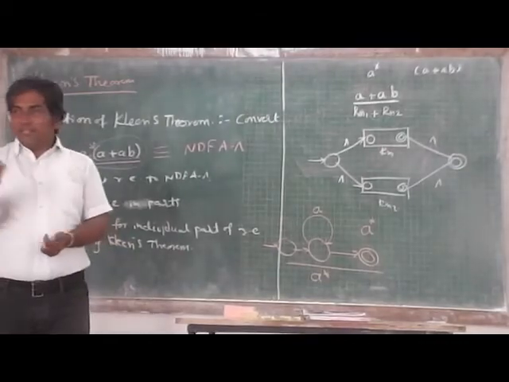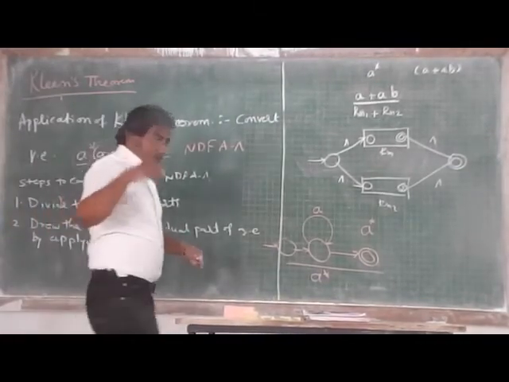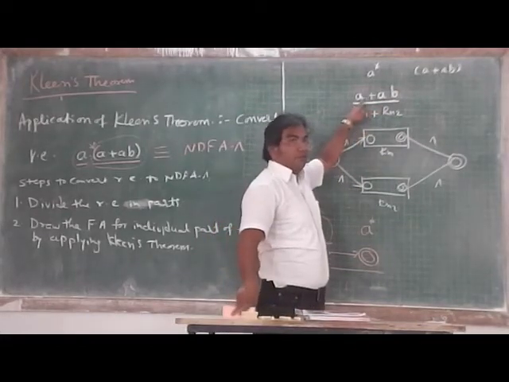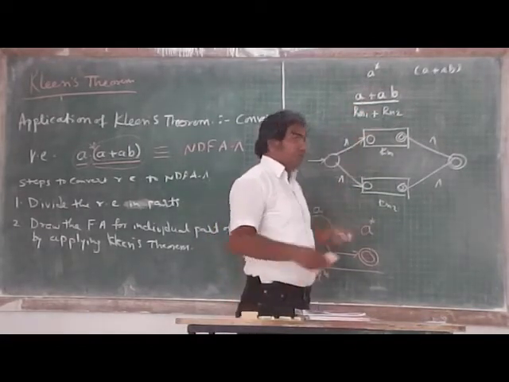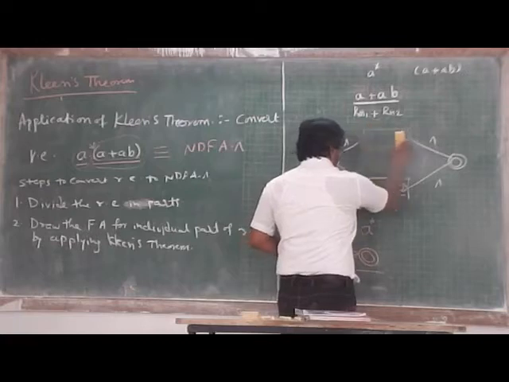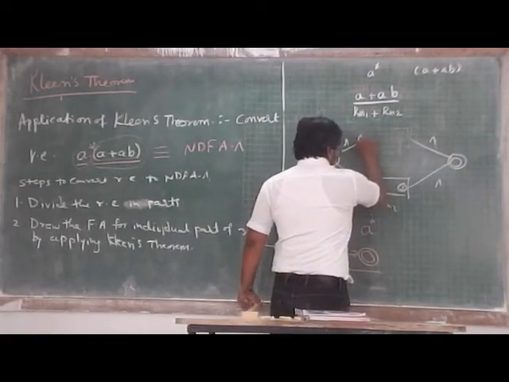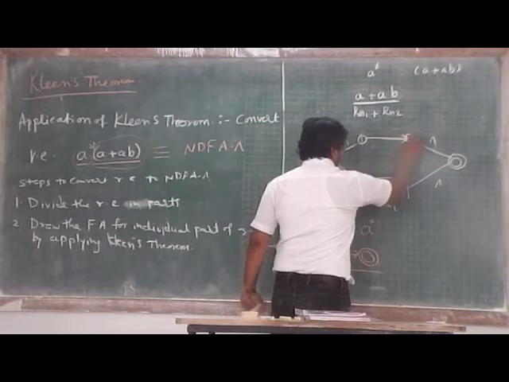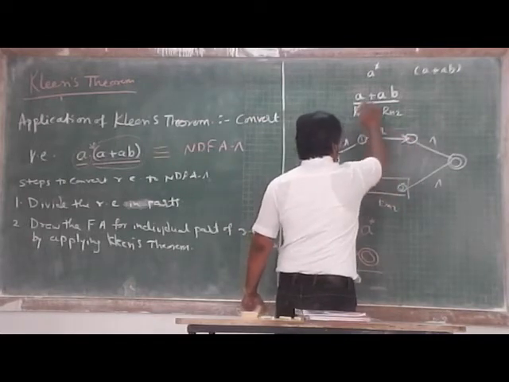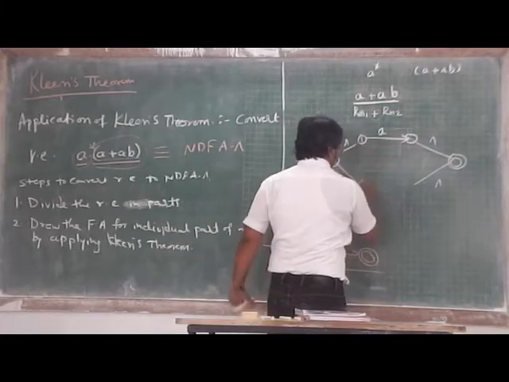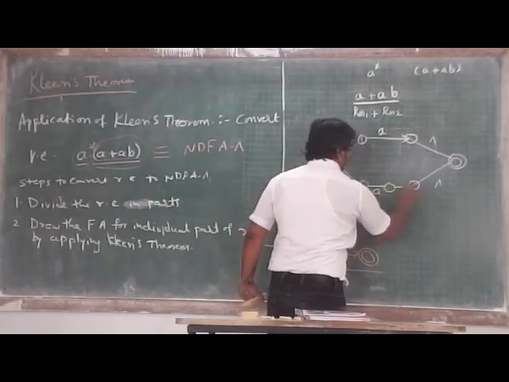Case 3. Exactly by using the same method, we can draw a finite automata for A plus AB. So what can I do here? I can replace this by A. Rn1 is A, and Rn2 I can replace by AB.